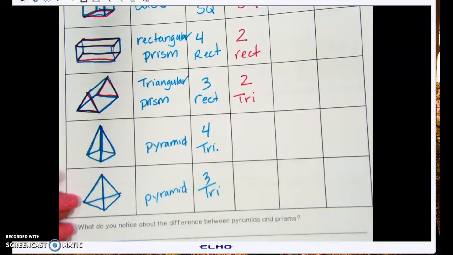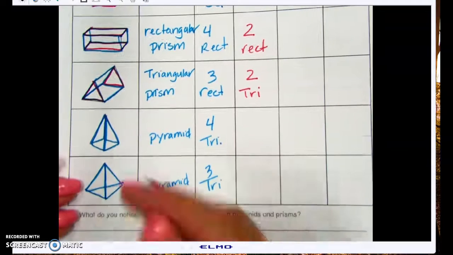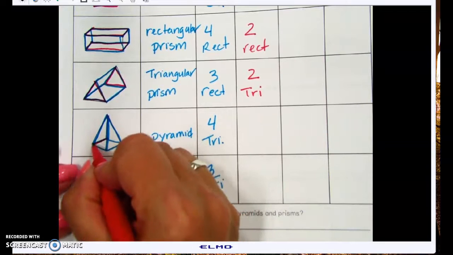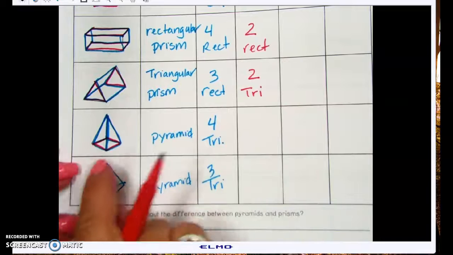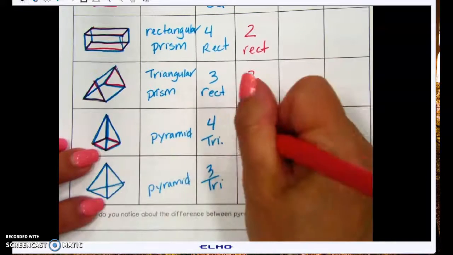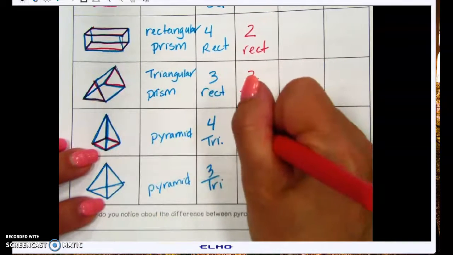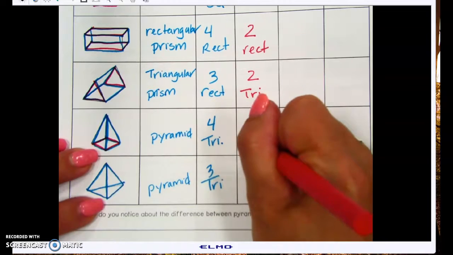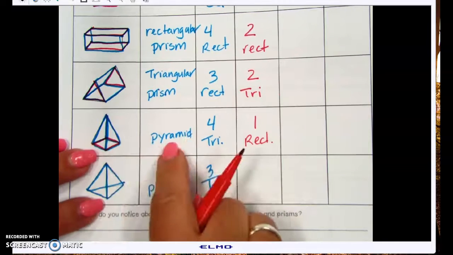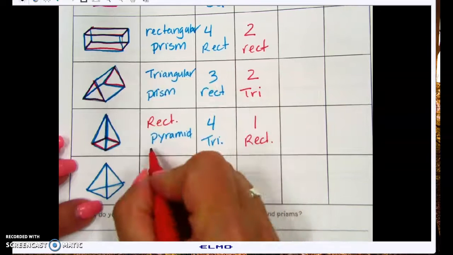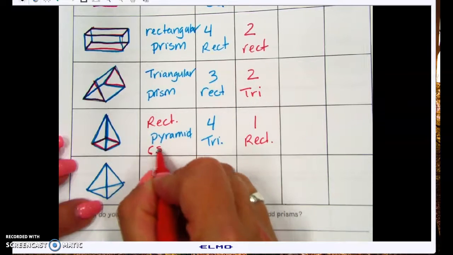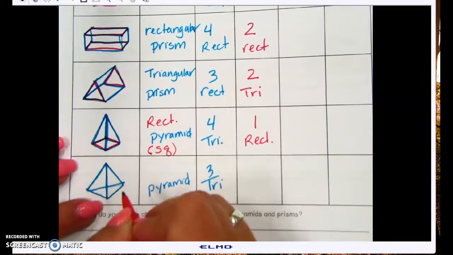Okay, so now this is where our base gets interesting. We did not highlight that as a face. See this here? That's actually a rectangle, so it's 1 rectangle, and that names our pyramid. It's a rectangular pyramid. It can also be a square pyramid if that's a square.